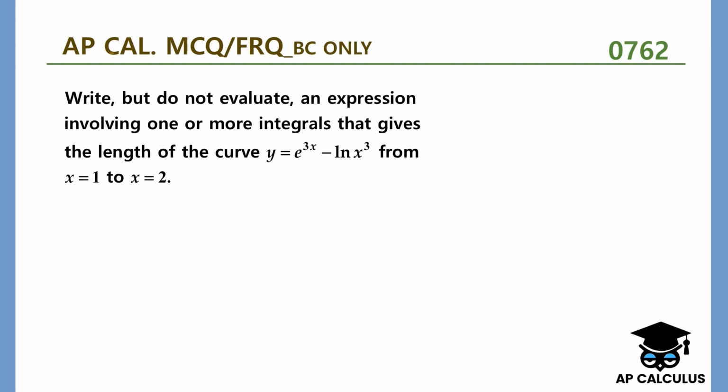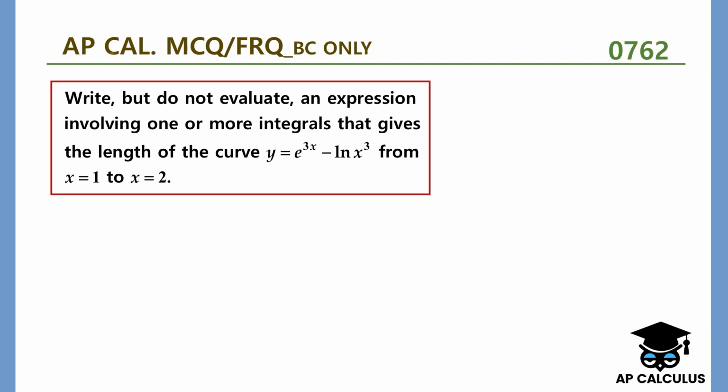Question 762. Write but do not evaluate an expression involving one or more integrals that gives the length of the curve y equals e to the 3x minus natural log x cubed from x equals 1 to x equals 2.